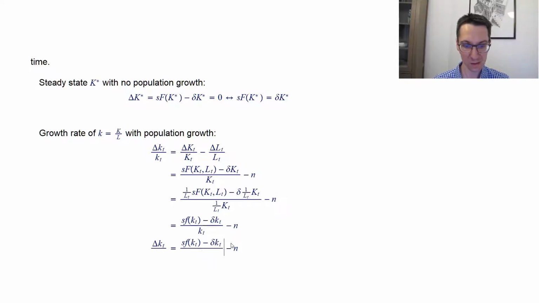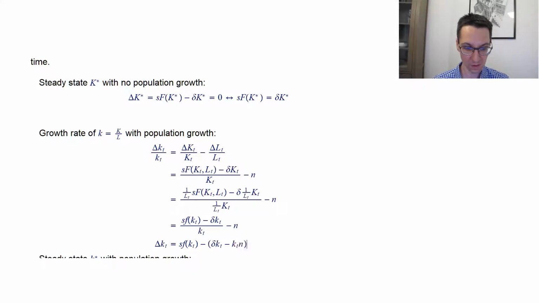Okay, now let's see what we get. We had that delta k_t over k_t equals this. So let's multiply by k_t on each side. This goes away, and this is multiplied by k_t.